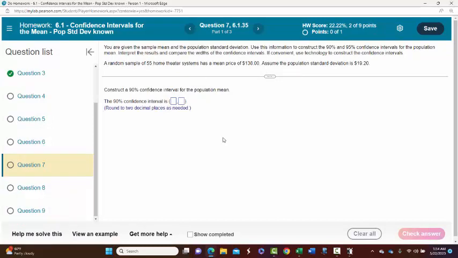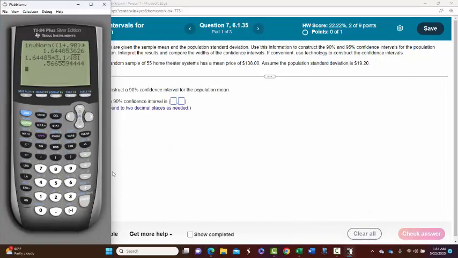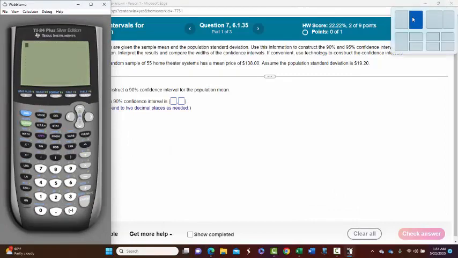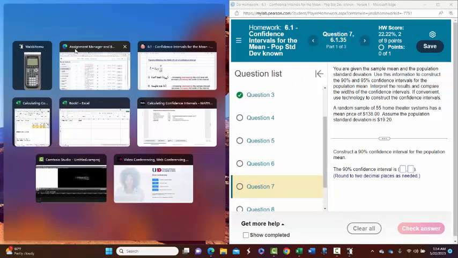90%, so 55, mean price 138, population standard deviation 19.2. I'll use both methods. So on the calculator, let me do it. Get back up there, Wabbit.